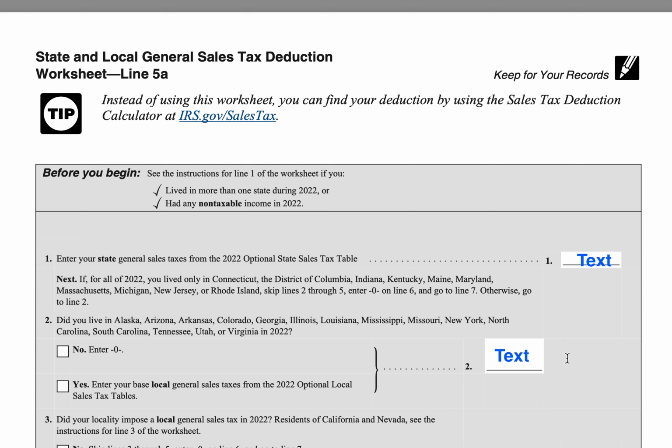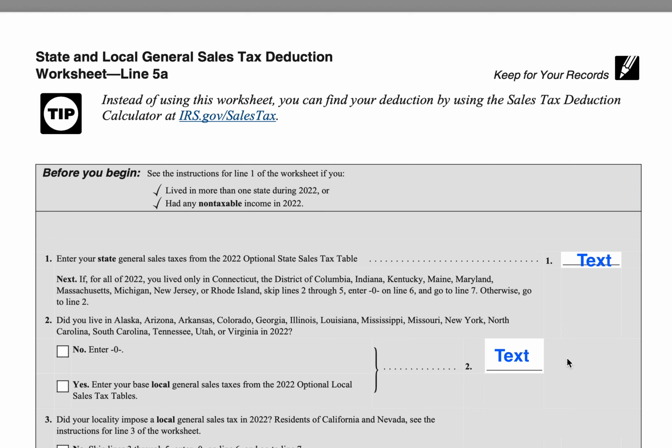Going over the state and local general sales tax deduction worksheet, which you would find in the Schedule A instructions under line 5a. When you itemize your tax deductions instead of taking the standard deduction on your income tax return, generally line 5 is the area that concerns taxes you might have paid to a state or local agency.